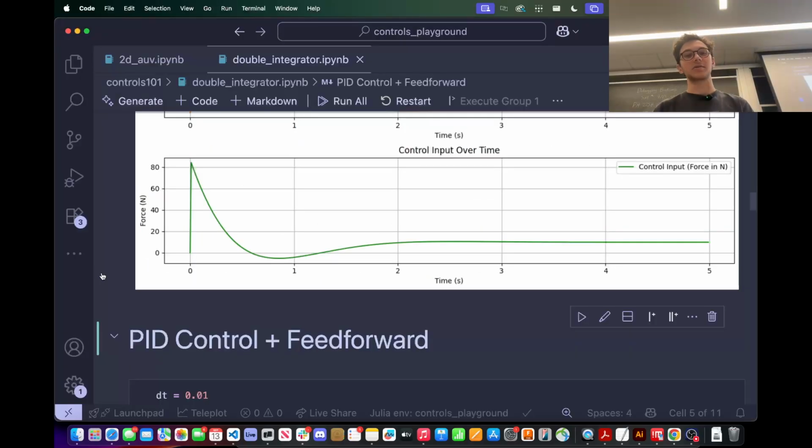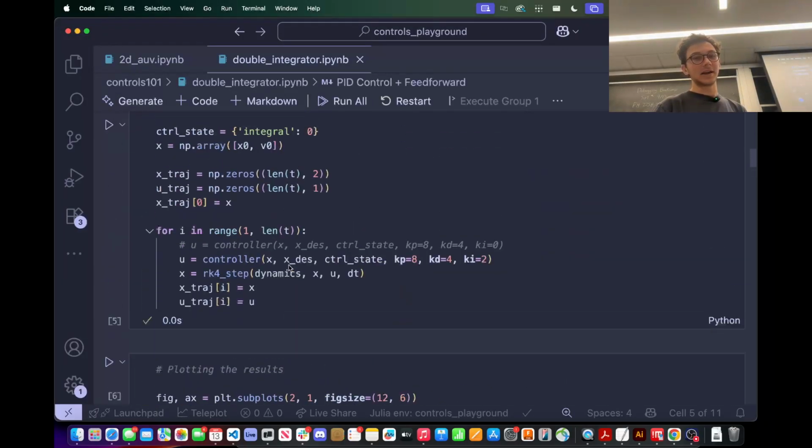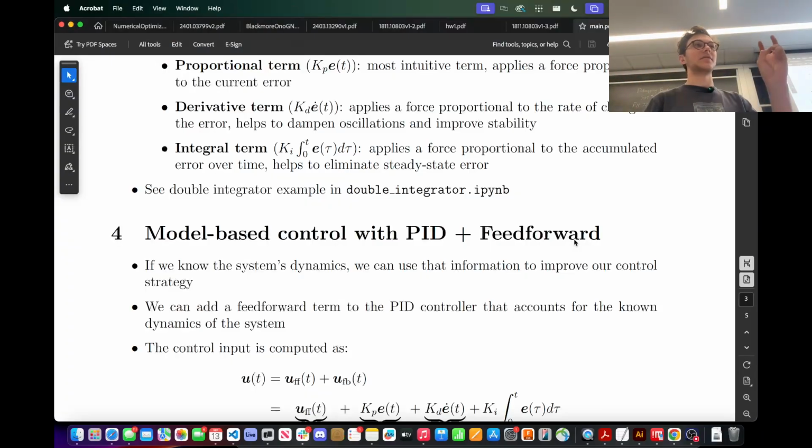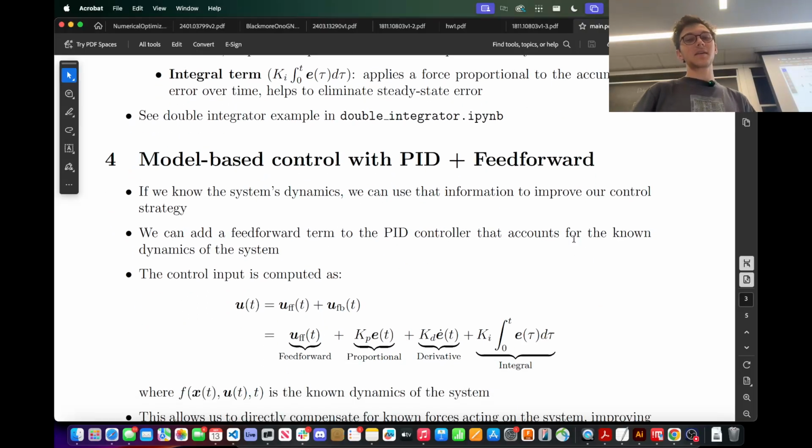Our PID controller before did not have anything to do with it, there was no g in this or anything like that. It's just a PID controller, no model, right? So if we knew that gravity was there, then we could have tried to explicitly account for that in our controller.